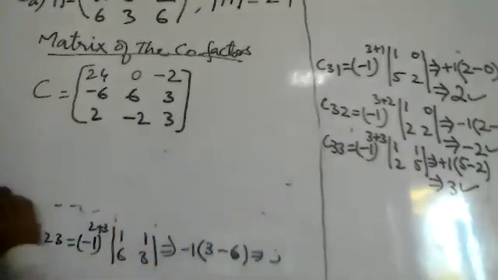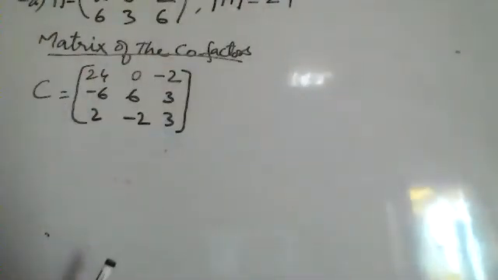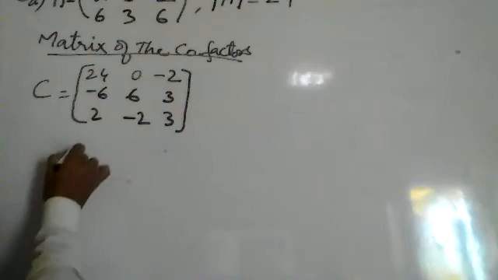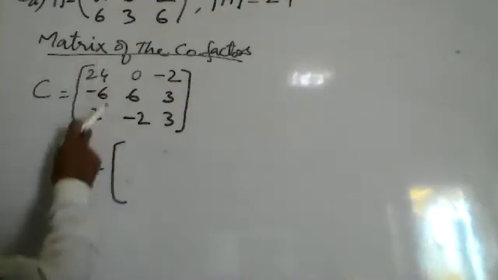Now after that, we will find the transpose of C, C raised to power T. We will change the rows to columns: 24, minus 6, 2.